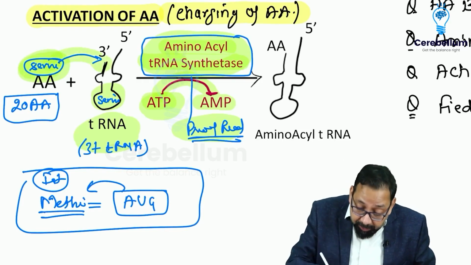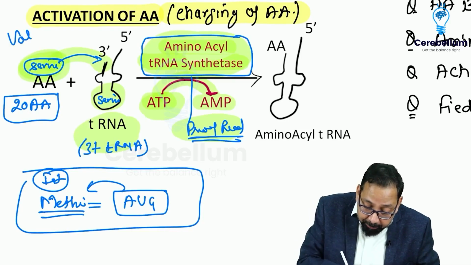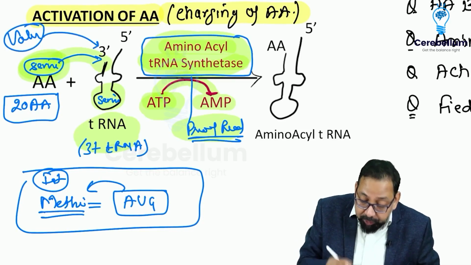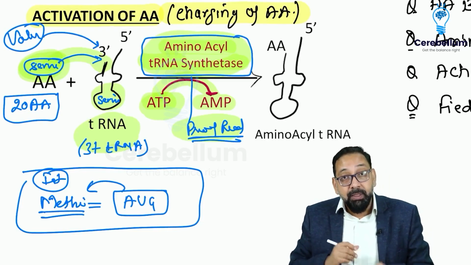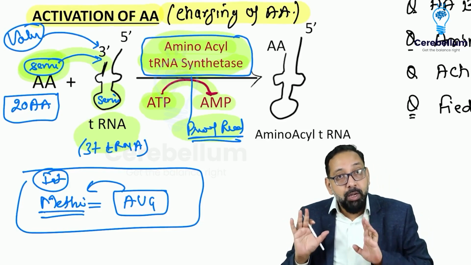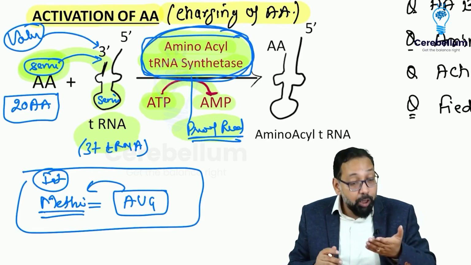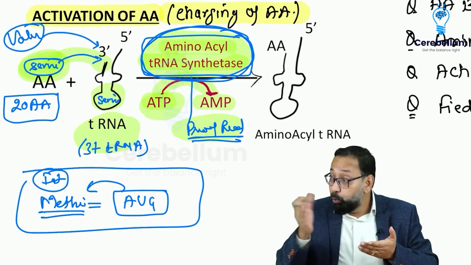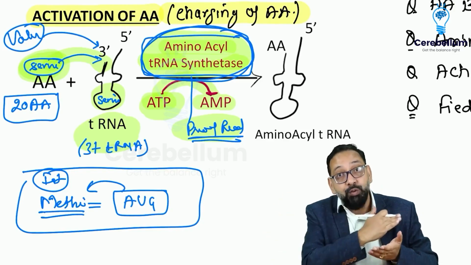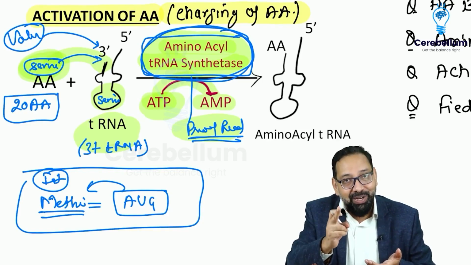But by mistake, suppose valine came and valine attached to this transfer RNA. Means valine takes this car. Now this aminoacyl transfer RNA synthetase driver will see, yes, this car is of serine, who is sitting, valine will be removed. And this is called proofreading.